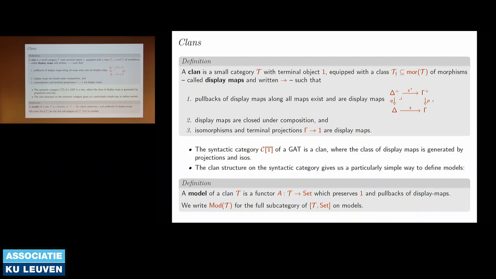And so if the clan is given as the syntactic category of a generalized algebraic theory, then this is going to be a model of this theory. And up to equivalence, by the way, every clan is the syntactic category of a generalized algebraic theory. Okay, and we write Mod for the category of models.